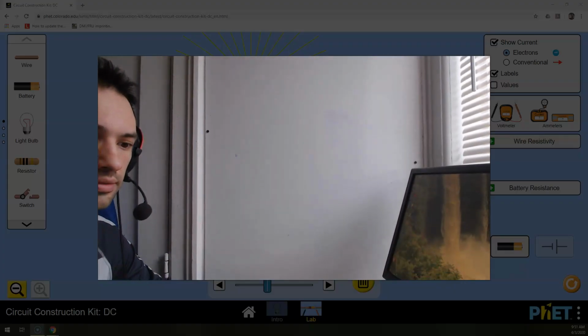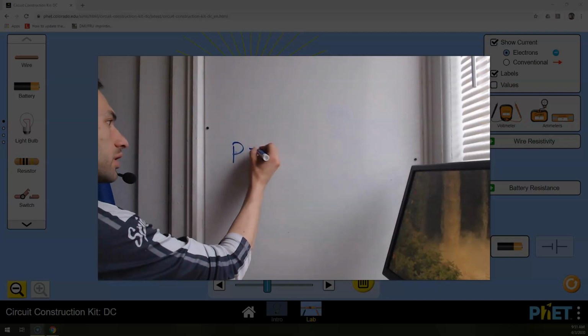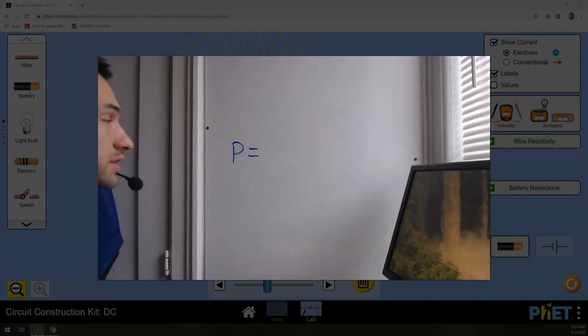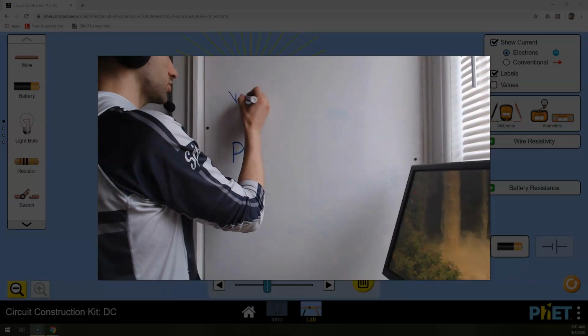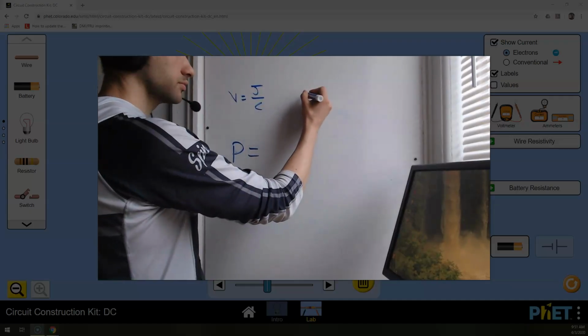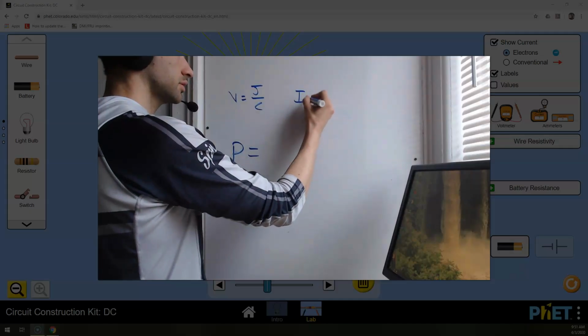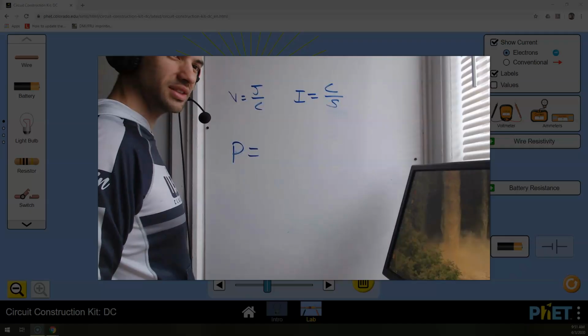Let's do this. So your reference table tells you that power is equal to, well, let's think about this for a second. Let's write down all the units of stuff. We know that voltage is joules per coulomb. We know that current is a coulomb per second. Do you notice anything?